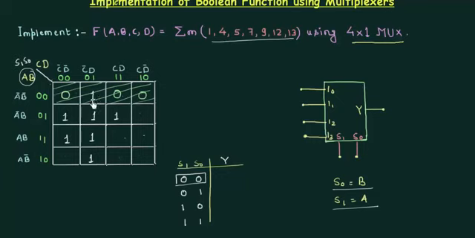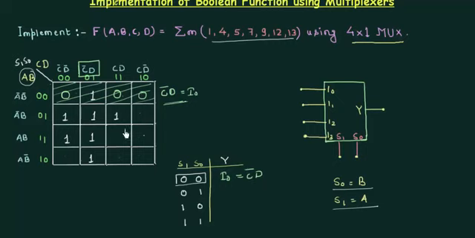So there is a single 1, and for this 1, the value of CD is C complement D. So I will write C complement D, and it is equal to your I0. Why I0? Because when S0 and S1 are 0 0, the output Y is equal to I0, and I0 is equal to C complement D. So this is how we have to do.